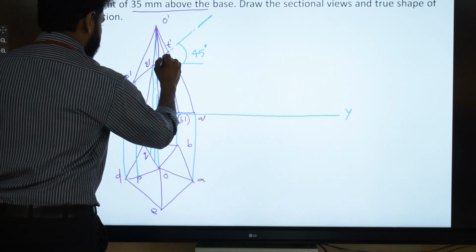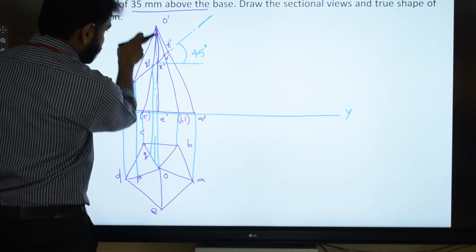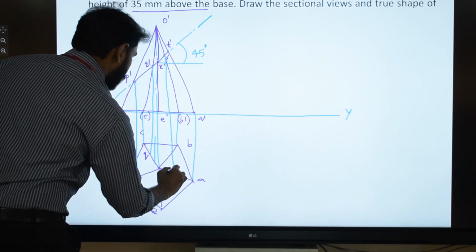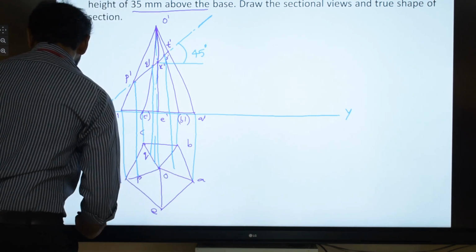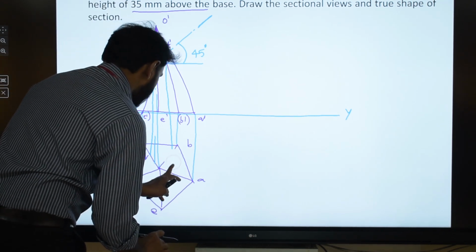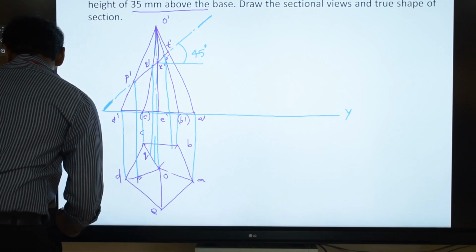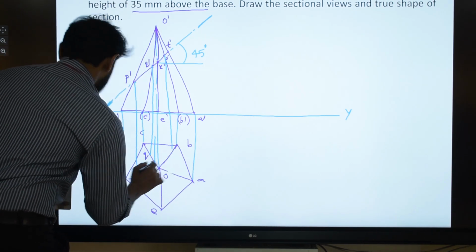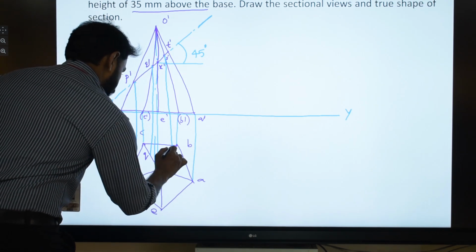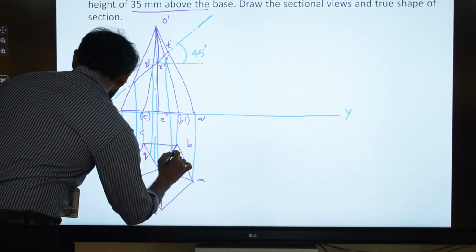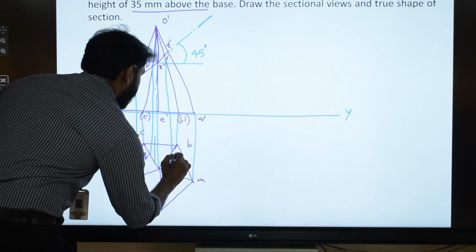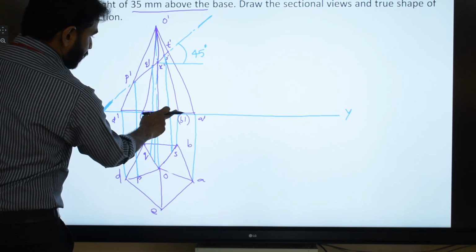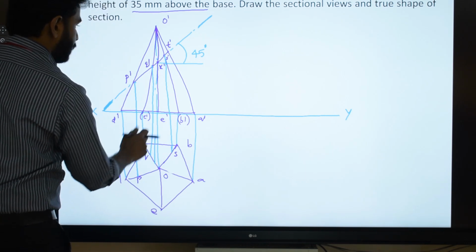So we draw projectors through S dash. Where is S dash? S dash is on O dash B dash. So we draw a projector through S dash onto OB. You need to draw only up to AB, OB. So here you will be getting the cut point S. So S dash is on O dash B dash, therefore S is on OB.